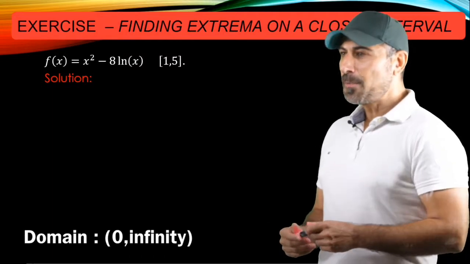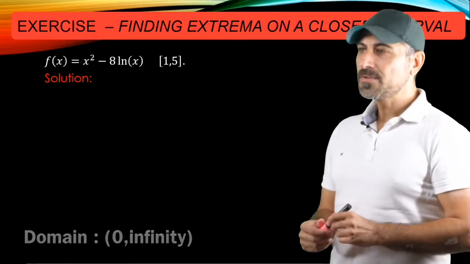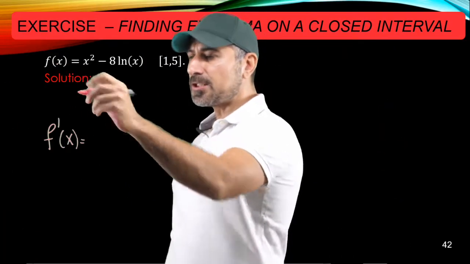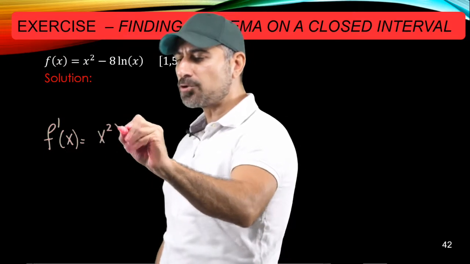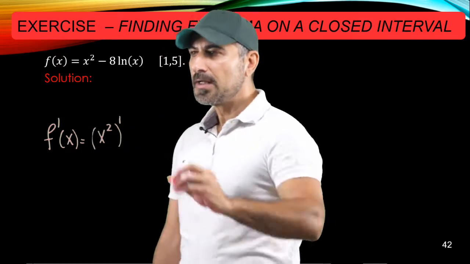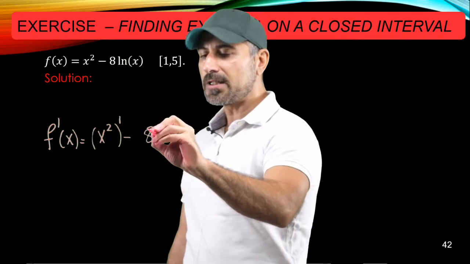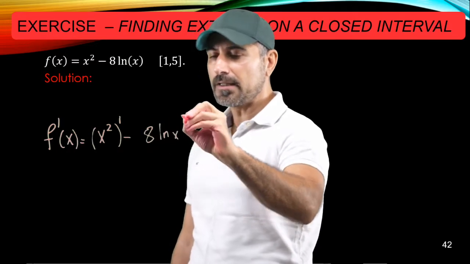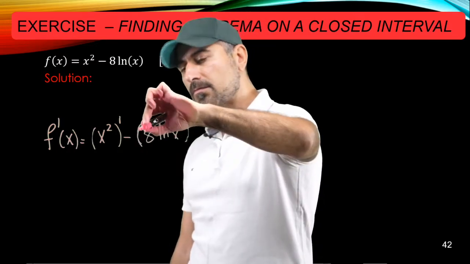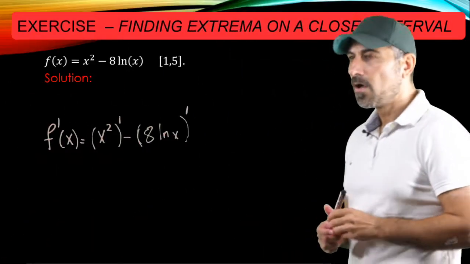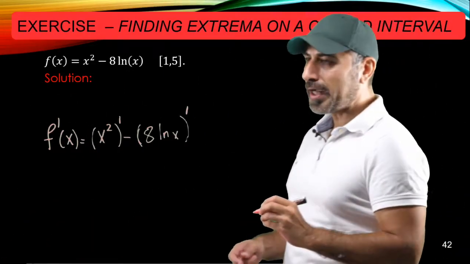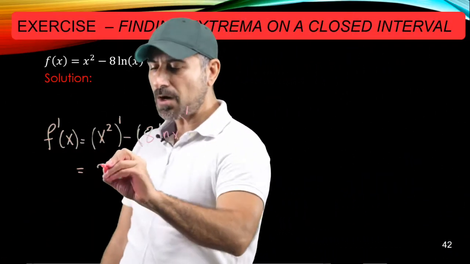To find critical points for f, we need f prime. Well, we have two pieces here. One is x squared, so we take the derivative of that first, and then we take the derivative of 8 ln x. The derivative of x squared is just 2x by using the power rule.